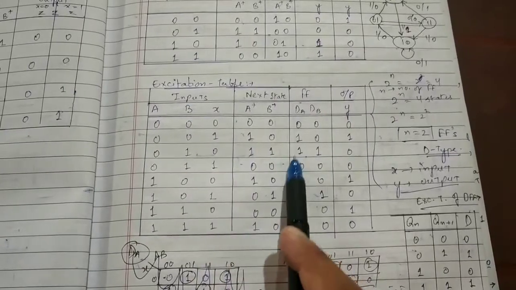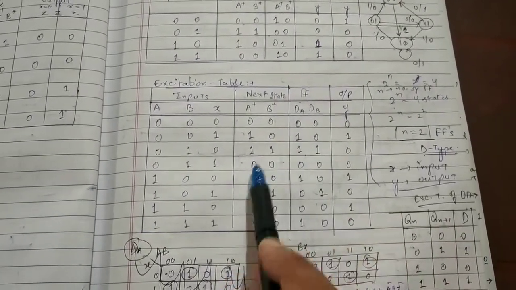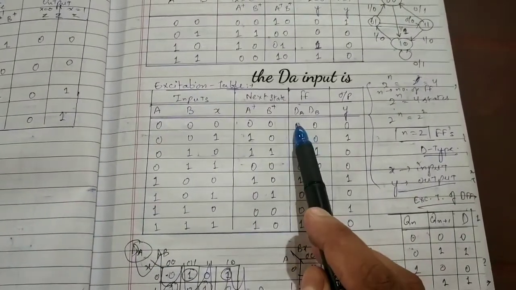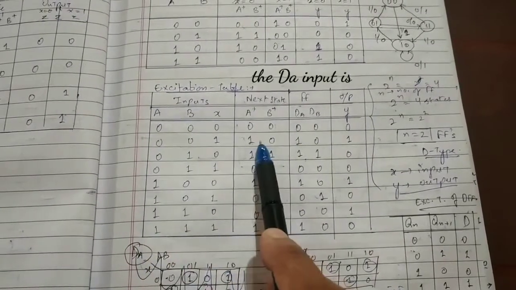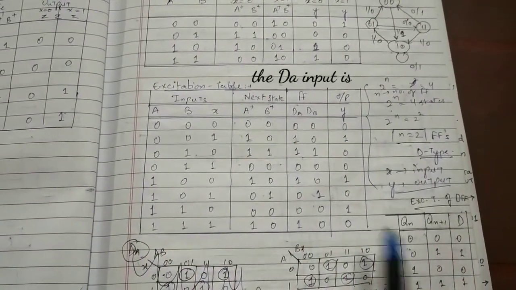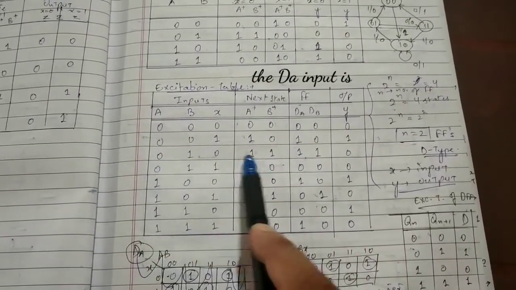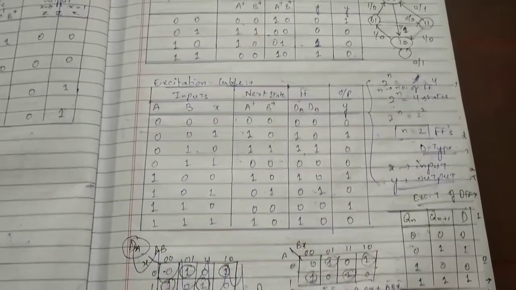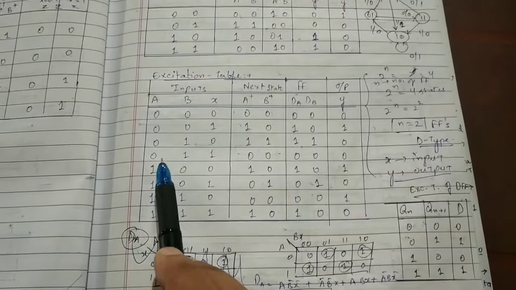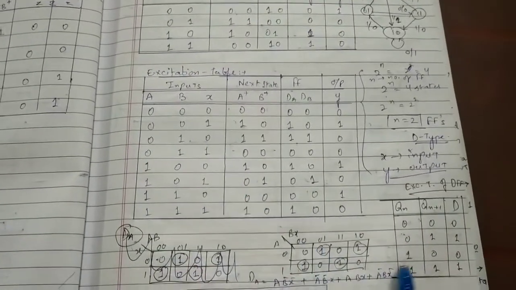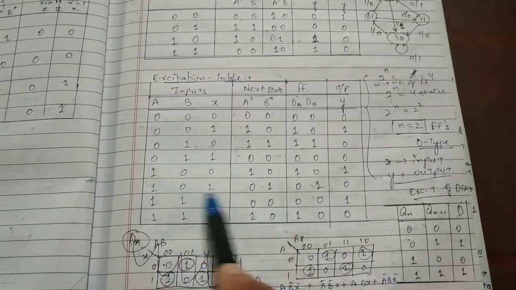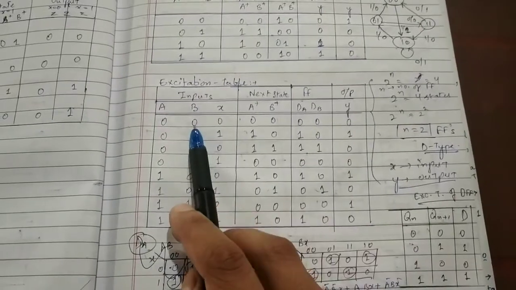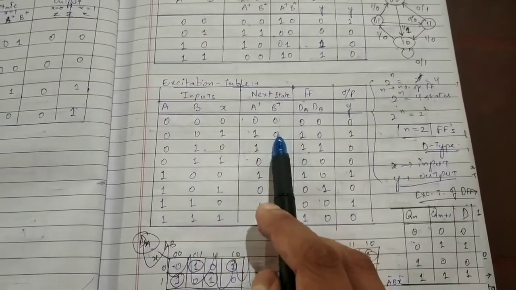So we have to find these inputs from the initial and the next state. The D input simply equals the next state value. For DB, we have to check the B input and the B next state.